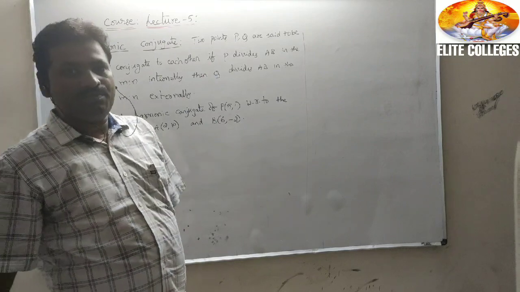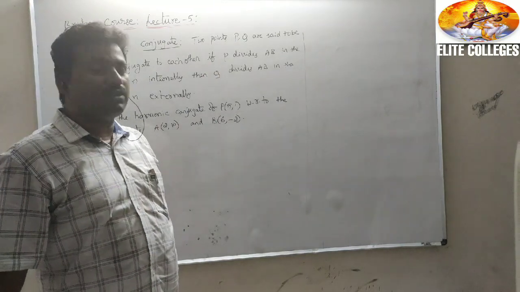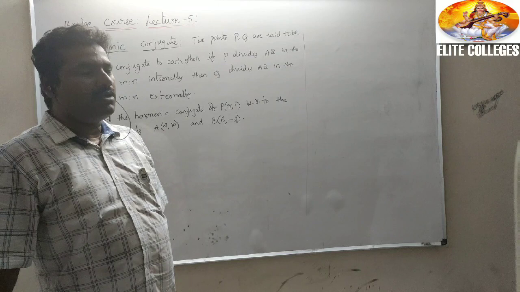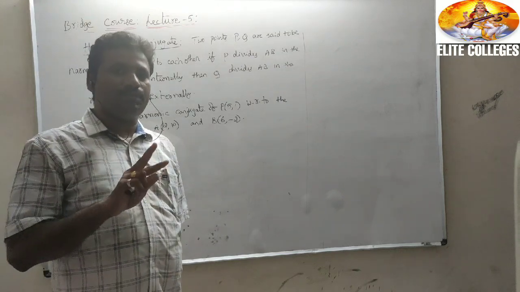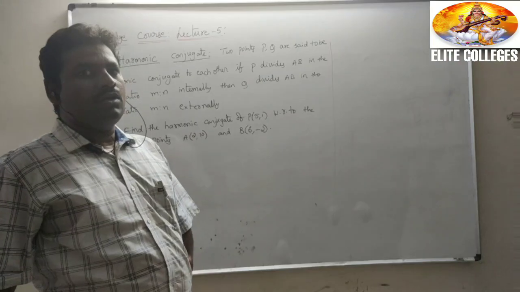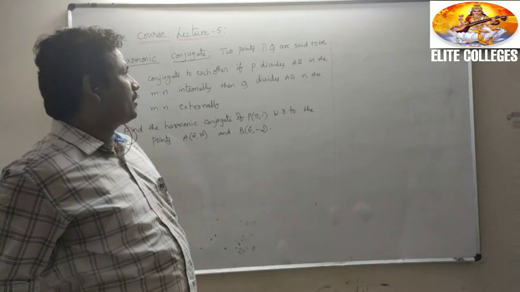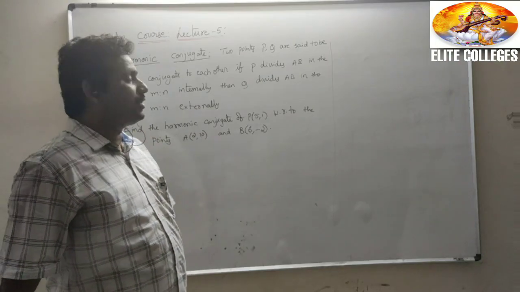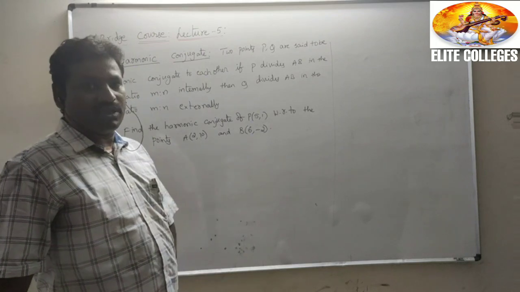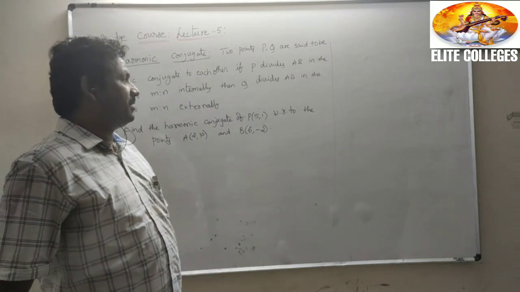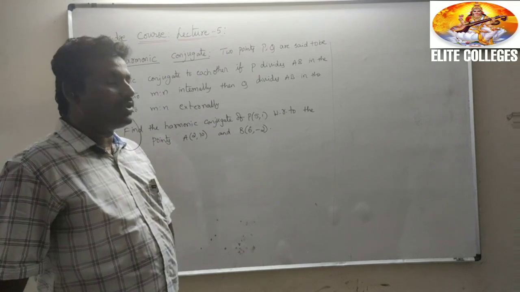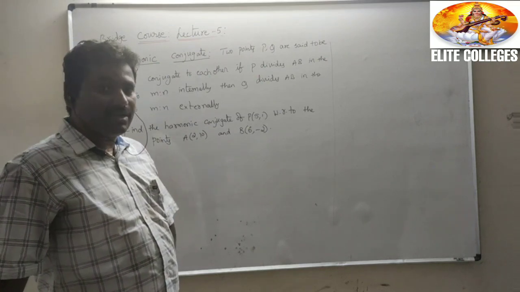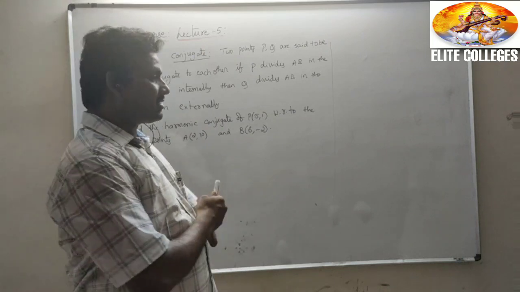Right, students. Now we discuss the harmonic conjugate. Two points P, Q are said to be harmonic conjugate to each other if P divides AB in the ratio m is to n internally, then Q divides AB in the same ratio m is to n externally.